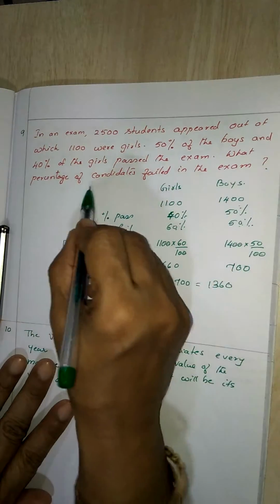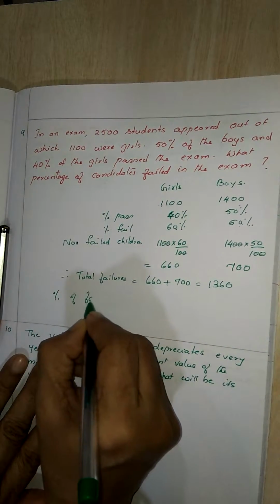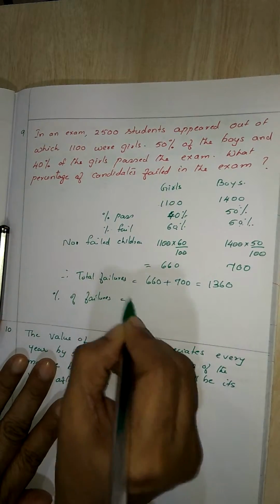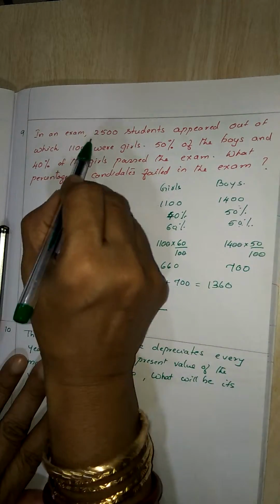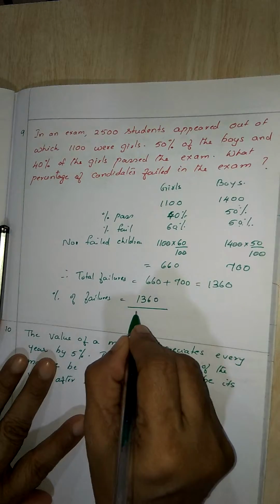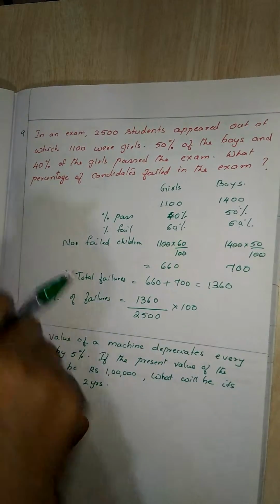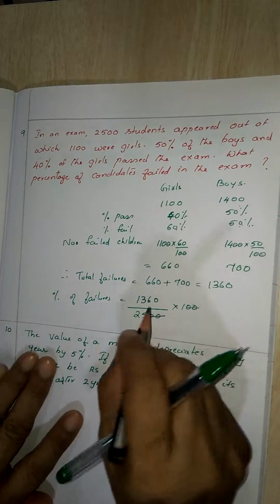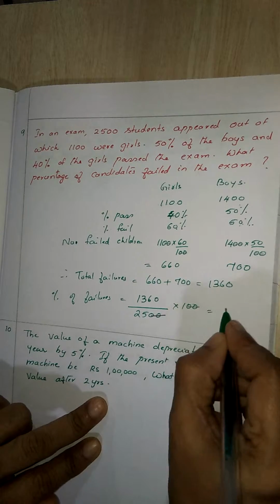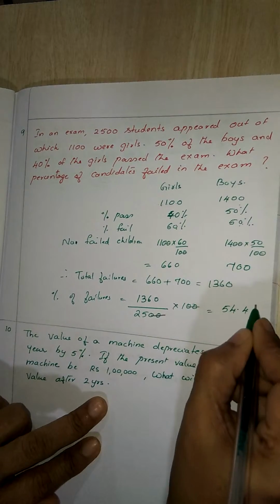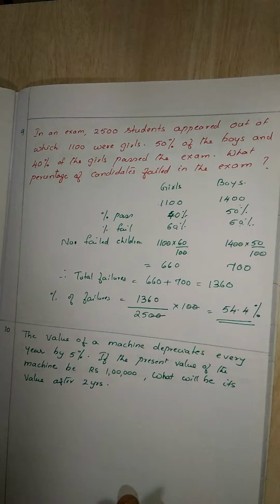Now we have to find the percentage of candidates failed. So percentage of failures is equal to number of failures 1360 by total number of students 2500 into 100. So again you divide 1360 by 25, you will get 54.4 percentage. So percentage of failures is 54.4.